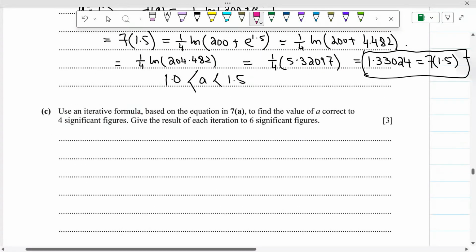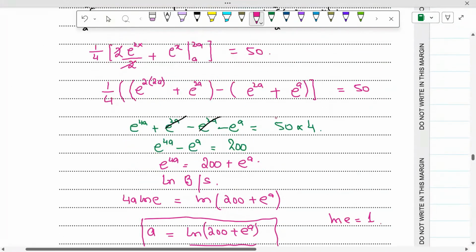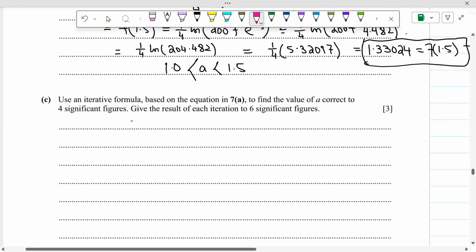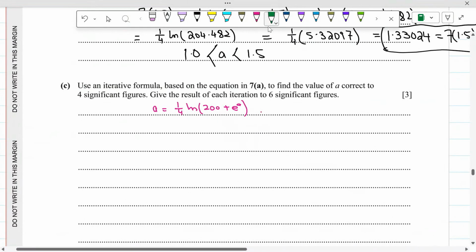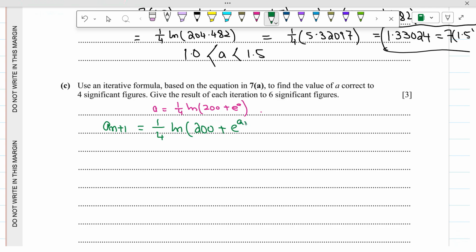Part C, use an iterative formula based on the equation of part a to find the value of a correct to 4 significant figures. Give the result of each iteration to 6 significant figures. So we have the equation a equal to 1 over 4 ln of (200 plus e^a), and in iterative form, it can be written as a(n+1) equal to 1 over 4 ln of (200 plus e^(a_n)).